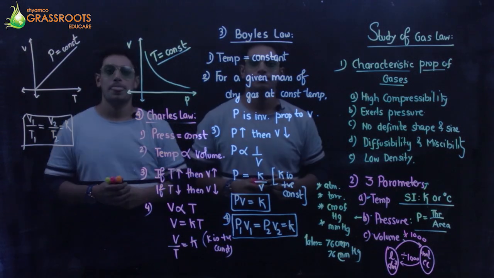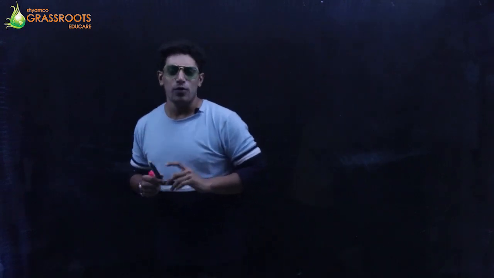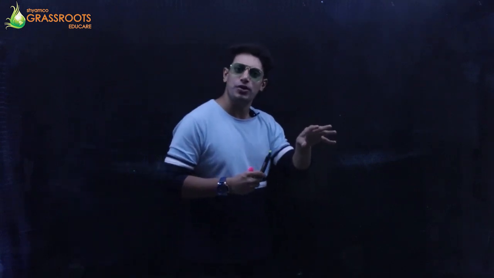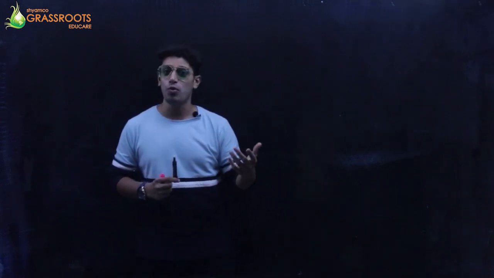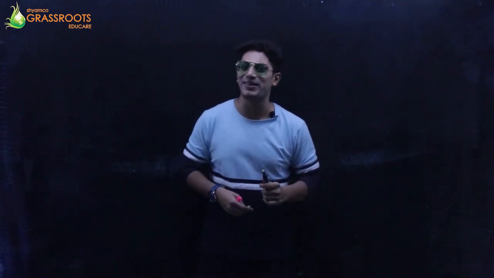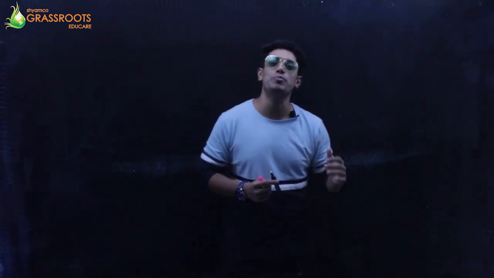Talking about the gas equation, the last part. What we did was, we first kept temperature constant. We studied the pressure and volume. Then, we kept pressure constant. We studied the temperature and the volume. Now, no keeping constants. We are going to change both.